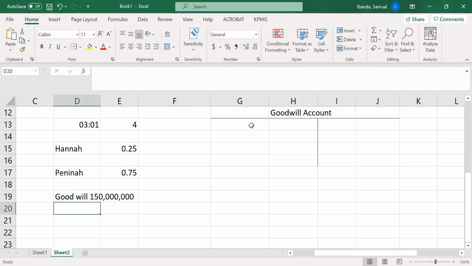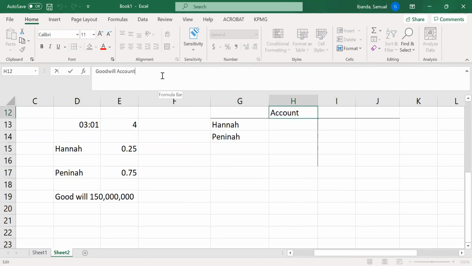So your goodwill account will have a share of this 150 million before admission of the new partner. So you're going to debit it with the share of this 150 million amongst these two partners.